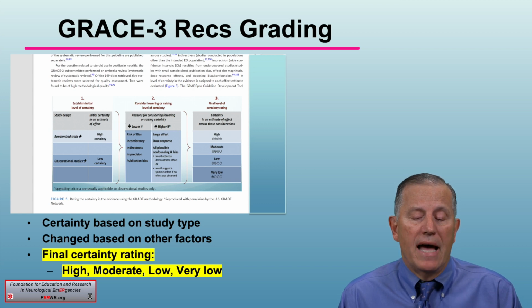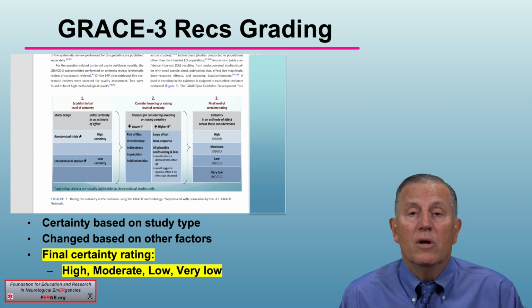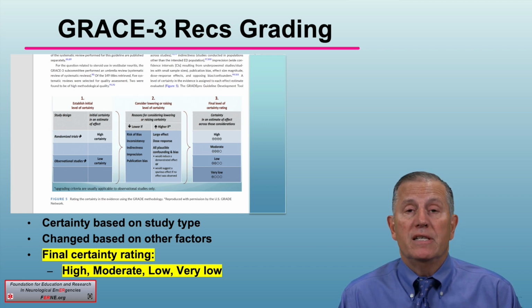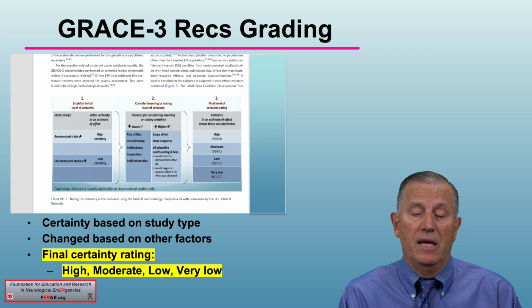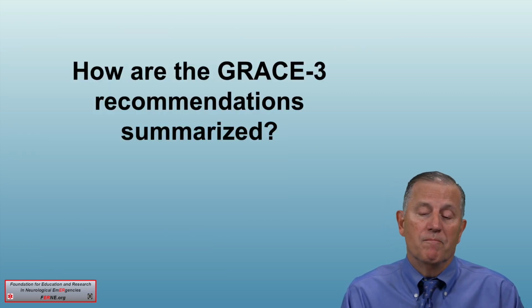And once we decide whether or not there's high or low certainty based on the study design, there may be some change based on other factors which are noted here, which might include bias or any flaws in the study type. The final certainty rating in these GRACE-3 guidelines includes high, moderate, low, or very low certainty of the recommendation being made.